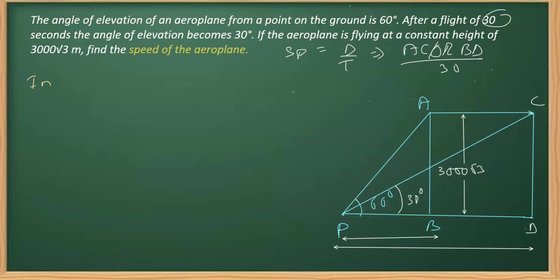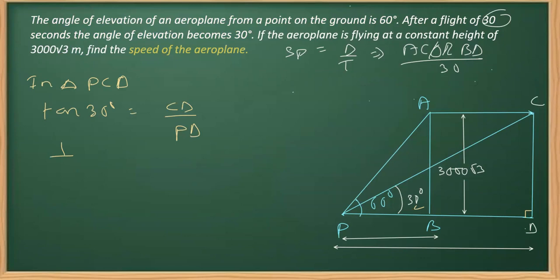Now, we'll start with any right angle triangle. Let's say I start with triangle PCD, right? PCD is a right angle triangle, and we'll apply tan 30 degree. As you can see, tan 30 degree is equal to perpendicular over base. Perpendicular is CD and the base is PD.